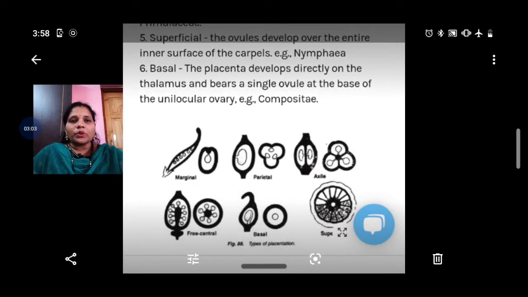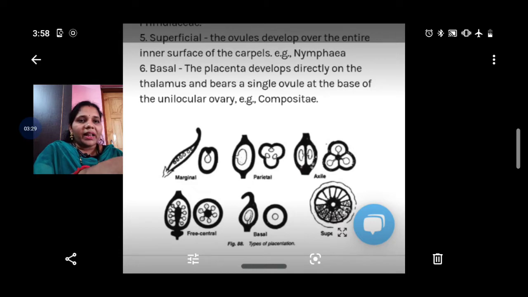First we come to the marginal placentation. In marginal placentation, the ovules develop in rows near the margin of the placenta. Here you can see that the placentas are developed in a row near the margin. Next comes the parietal.